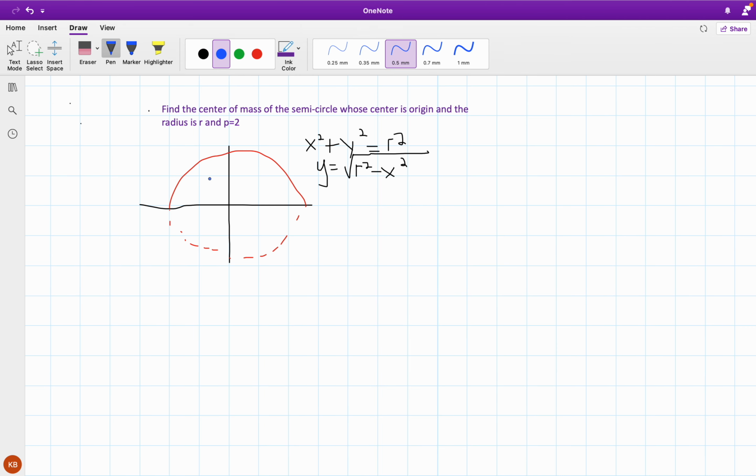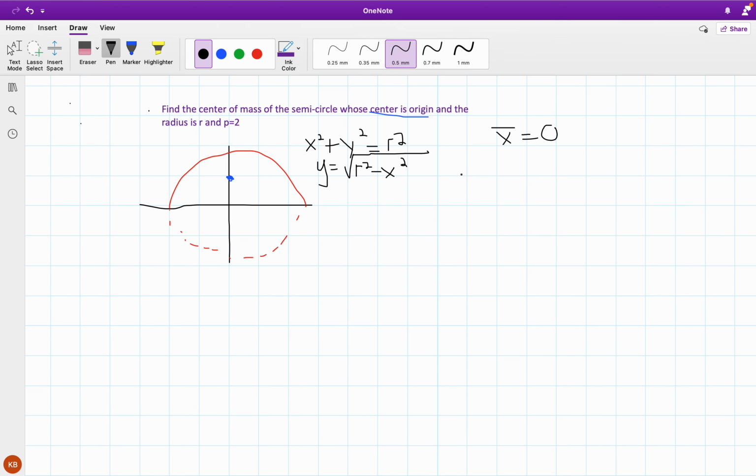And since we're only looking at the semicircle, it should be around here, because it said the center is the origin, which means that we do not have to look for x bar because it will be 0 on the y-axis.